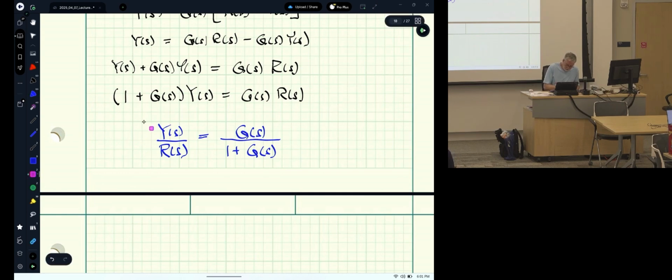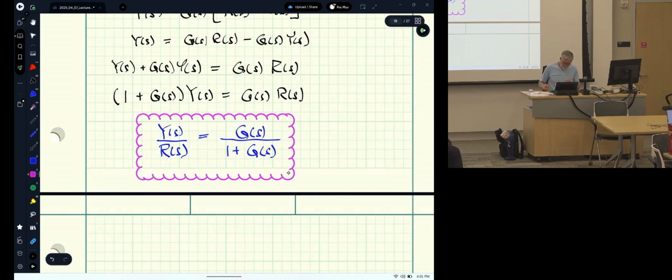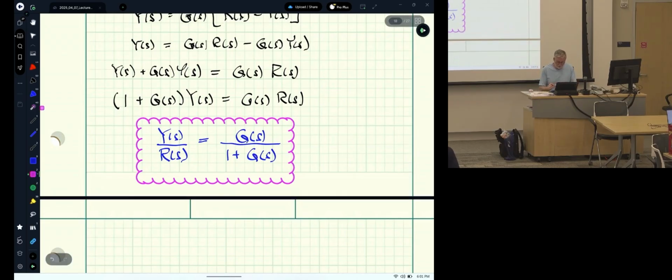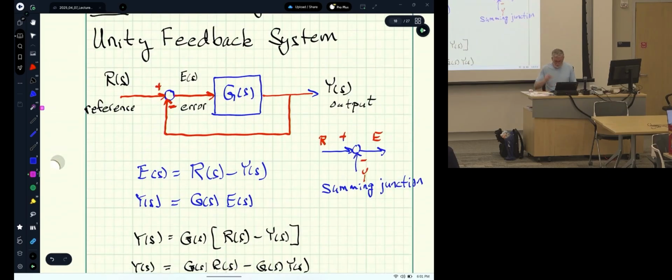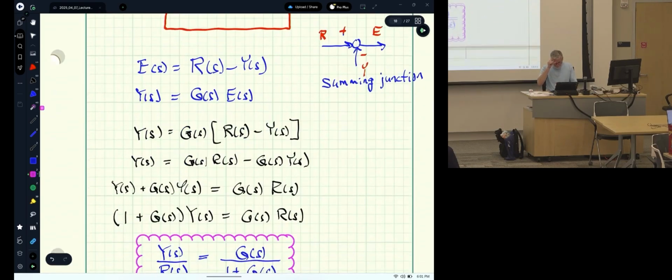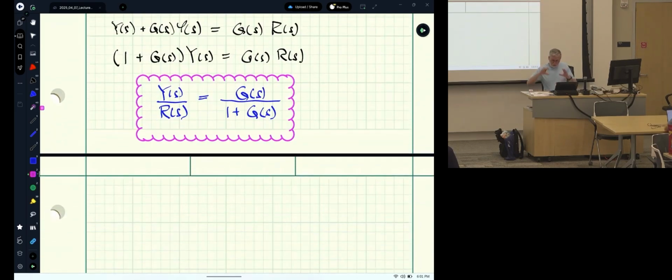And this looks so tame and so uninteresting and so just like, where did that come from? Oh, it is rich, it is rich, it is rich. Okay, so we're going to calculate a few of these feedback system transfer functions and relate poles of the closed loop system. So this is closed loop.